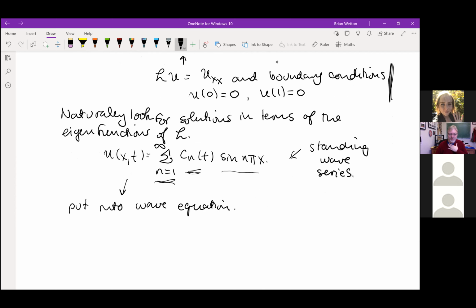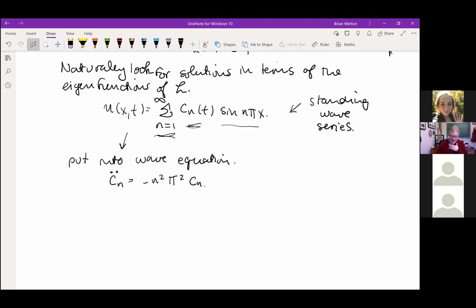When I take the 2 spatial derivatives on the right-hand side, right, I just get a multiple of minus n squared pi squared, just like we've seen before. And then we separate out the coefficients. And I'll get the second time derivative of these coefficients is minus n squared pi squared times Cn.